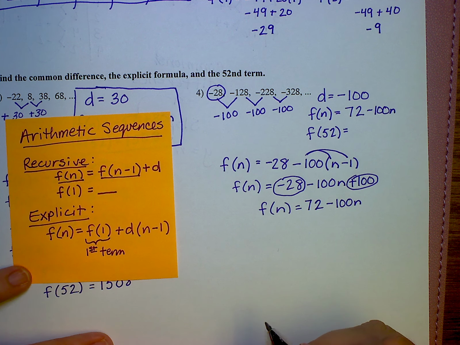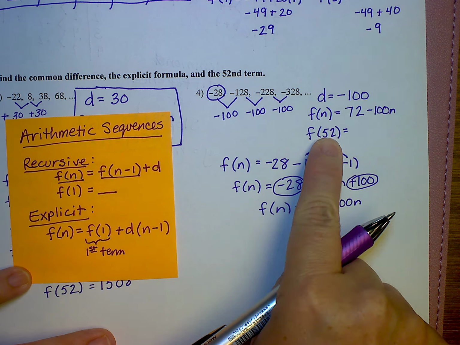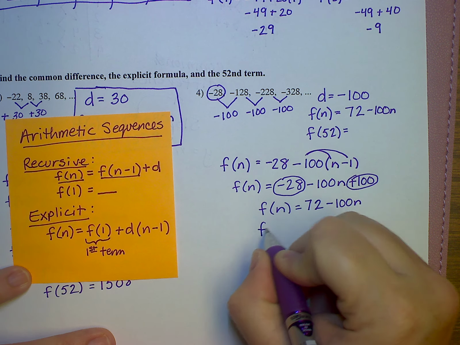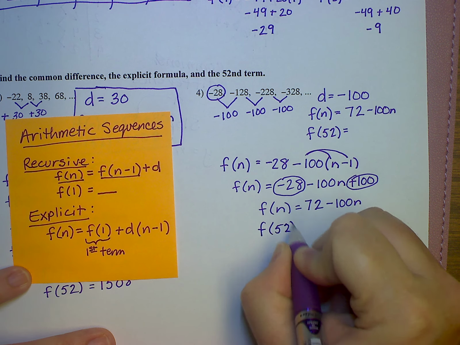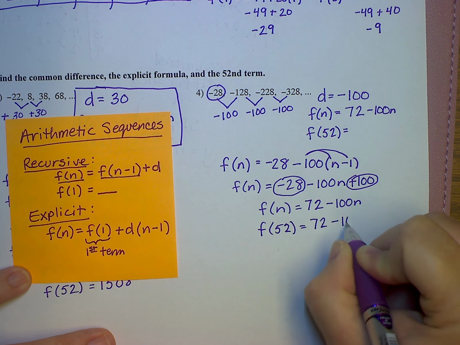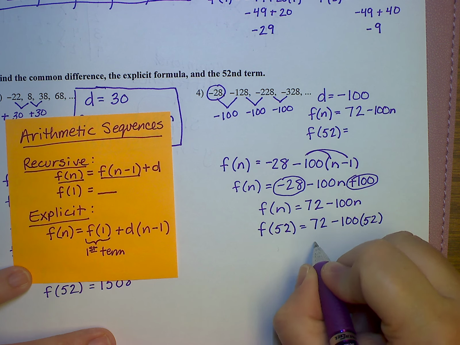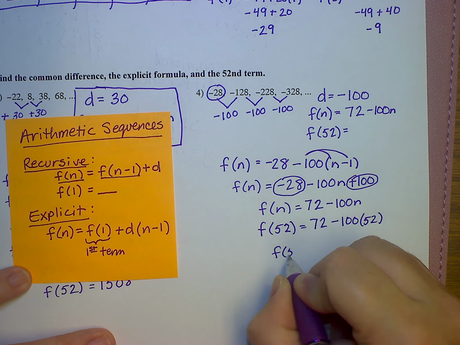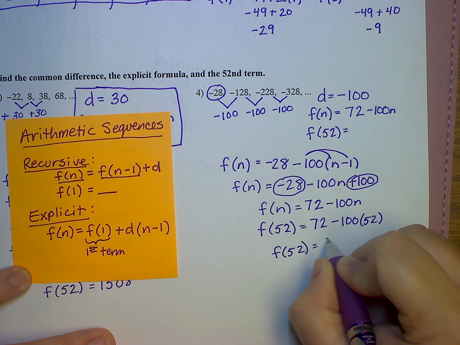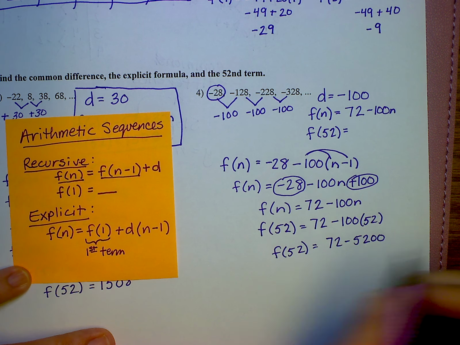Alright, I'm almost done. To find f of 52, or the 52nd term, I come back here, f of 52 is equal to 72 minus 100 times 52. So that is 72 minus 5200, right?